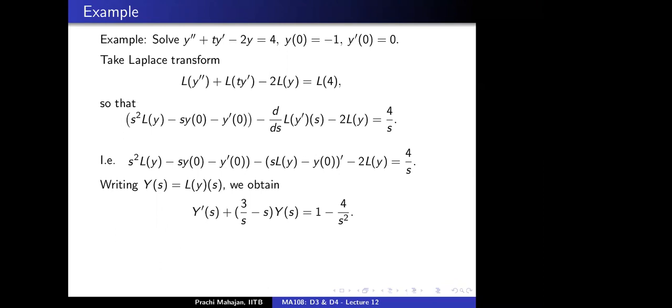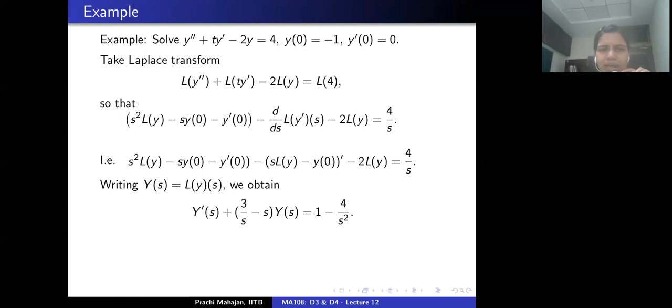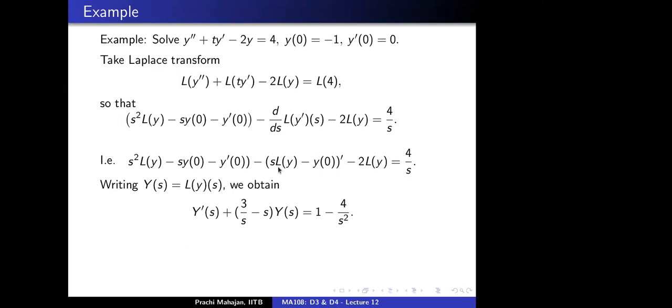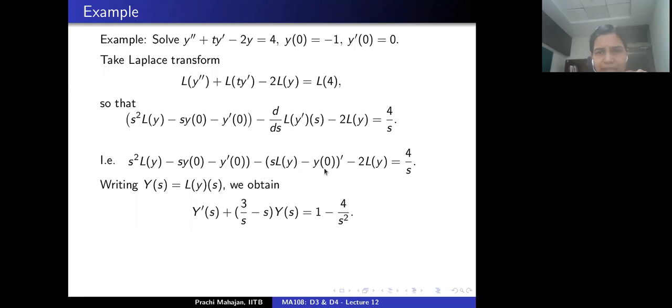Ma'am, how did you go from step 2 to step 3? Step 2 meaning from here to here. Yeah, the second equation to the third equation, and precisely that d by ds term. So this is exactly this. I am just writing the Laplace transform of the derivative of y as s times the Laplace transform of y minus y evaluated at 0. And all of this one is to differentiate with respect to the s variable.